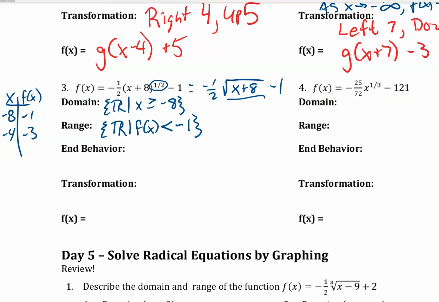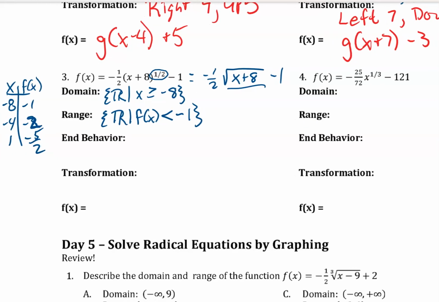I want 9 as my next one, so x would have to be 1. 1 plus 8 is 9. Square root of 9 is 3, times negative 1/2 is negative 3/2. I just made an error. Negative 3/2 minus 1 is negative 5/2. So negative 2.5.